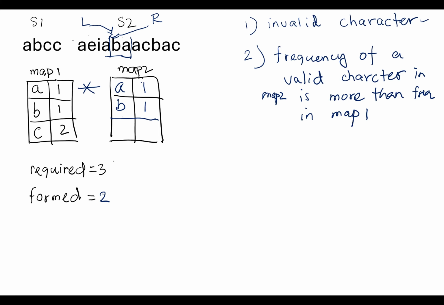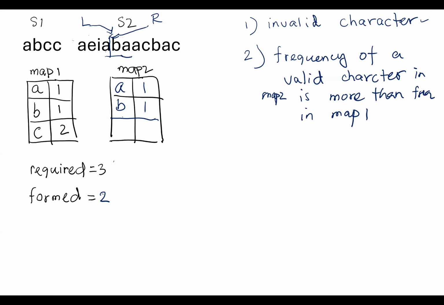Now both of them are valid and formed is still 2. This is a valid window again because this one is matching. So this is the second reason for a window to become invalid.